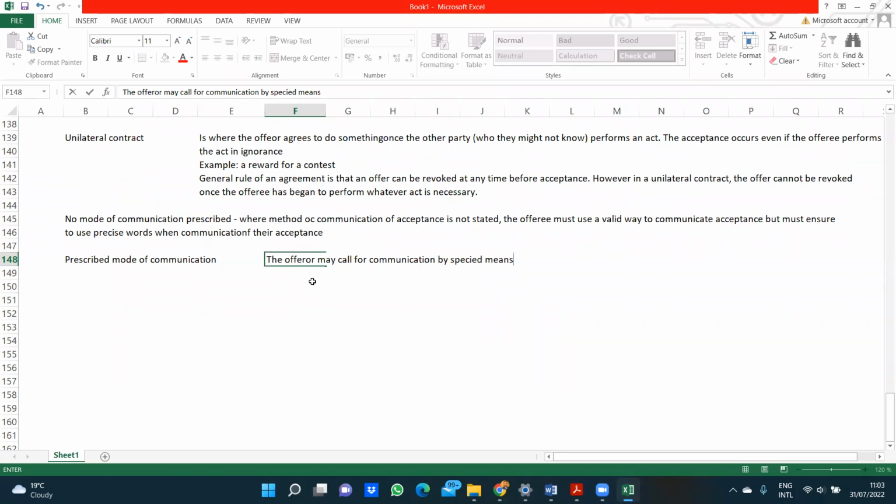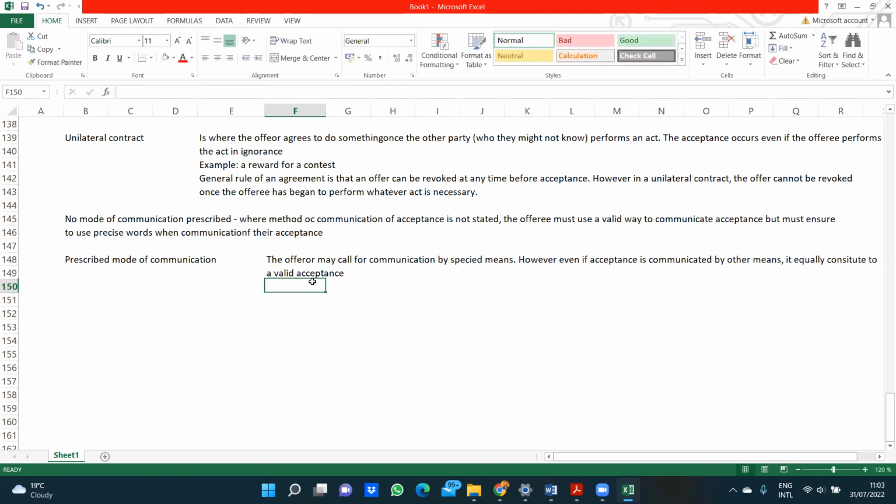Okay. However, even if acceptance is communicated by other means, it equally constitutes a valid acceptance. Example, fax instead of email.